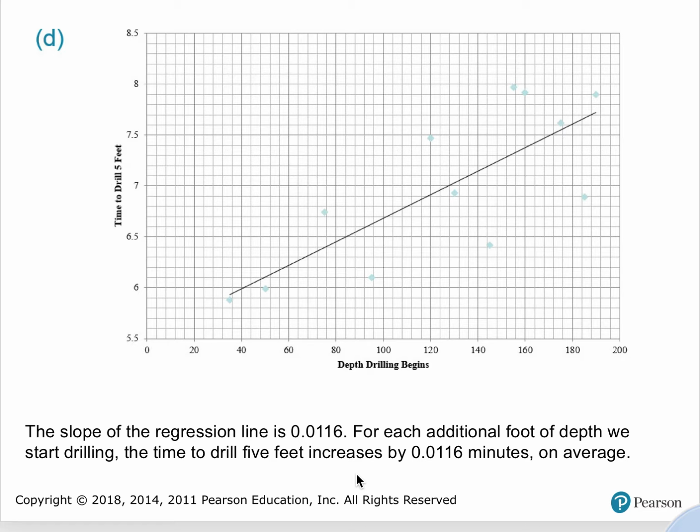Therefore, when we interpret the slope of a least squares regression equation, we don't want to imply there's 100% certainty behind the interpretation. So usually on the end you just add on average. You might include something like the expected time to drill 5 feet increases by this many minutes, right? But usually just adding on average, but that's important.